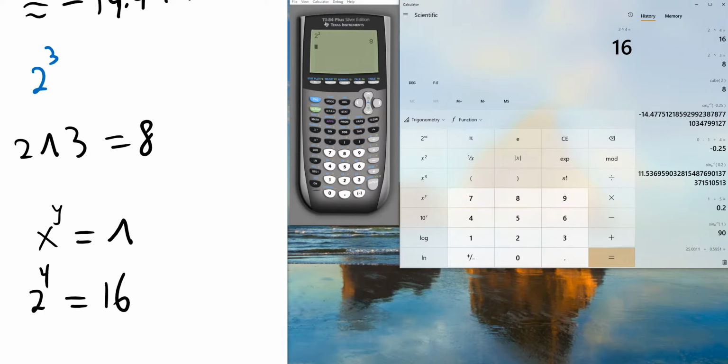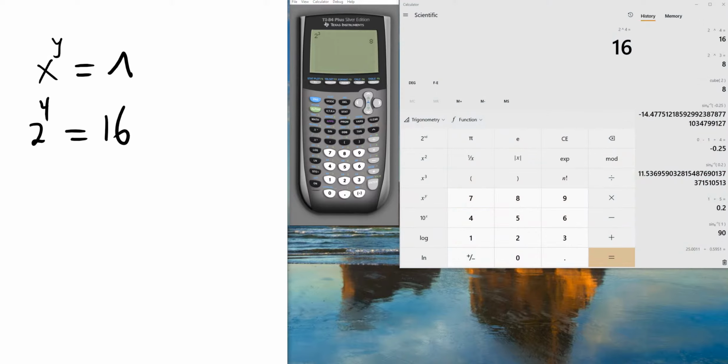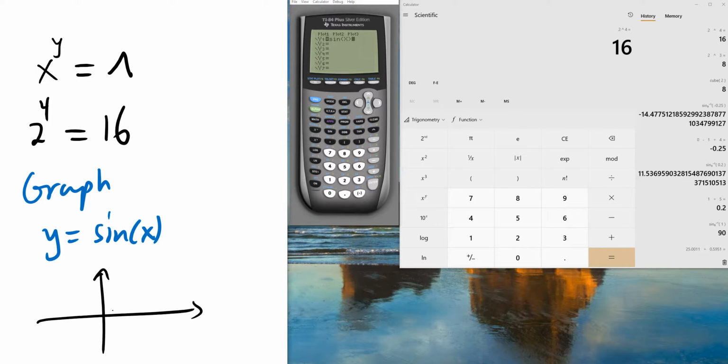Now for graphing, let me show one graphing thing. Let's say I want to graph y equals sine x. On the upper left corner there's y equals, and then you put sine, and two keys above that there's x. We know this is a wavy function, but notice what happens when I graph it.